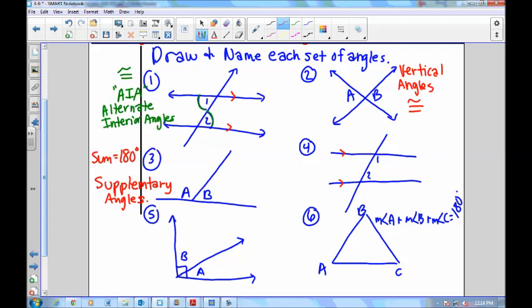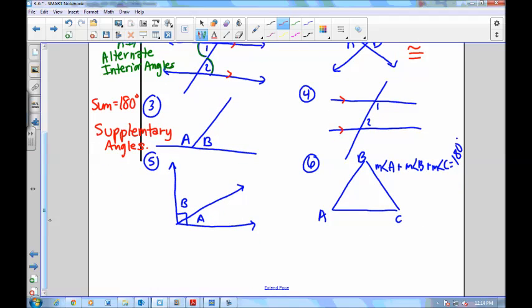So number 4, I see those red parallel markings again. So I know these two very poorly drawn lines are parallel. 1 and 2 have a name. This is my favorite one because it's very secretive.